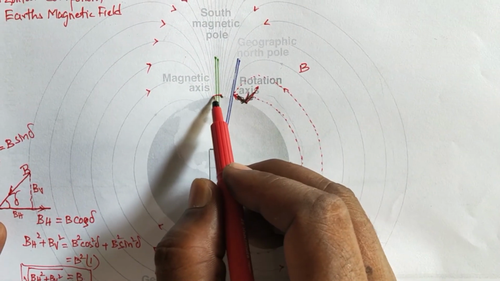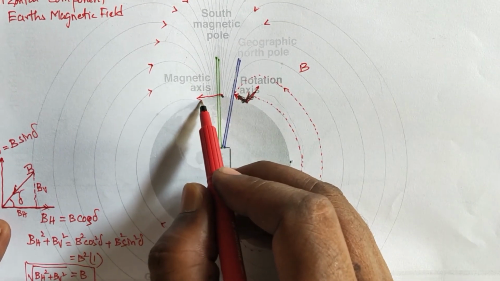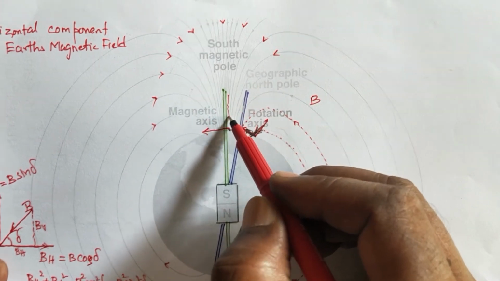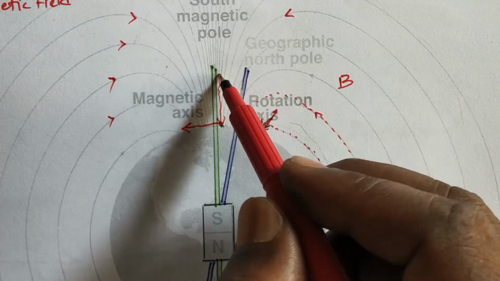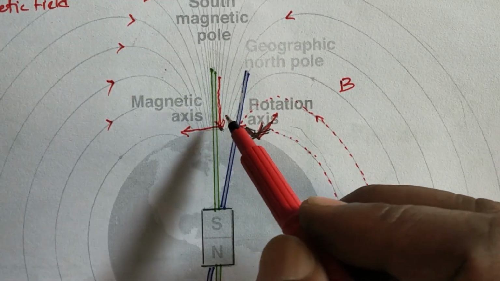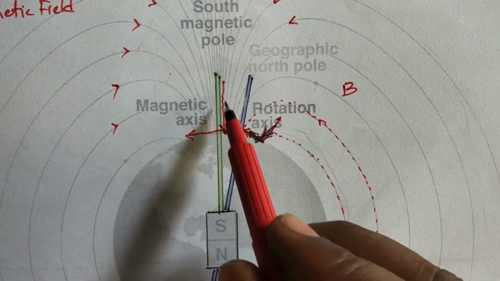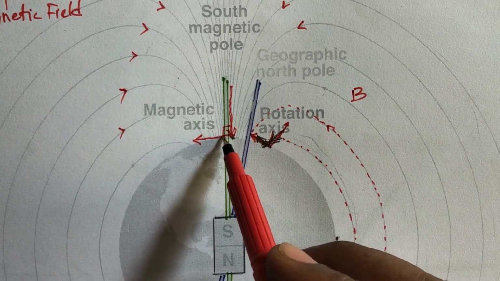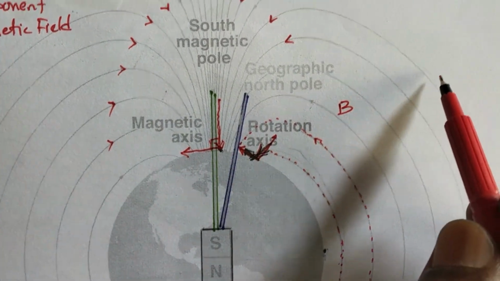If you draw a tangent in this direction, this is the horizontal component, and at the poles the magnetic field is pointing in this direction. Therefore, what is the angle between the magnetic field line and the horizontal? It is 90 degrees. This angle is called what?